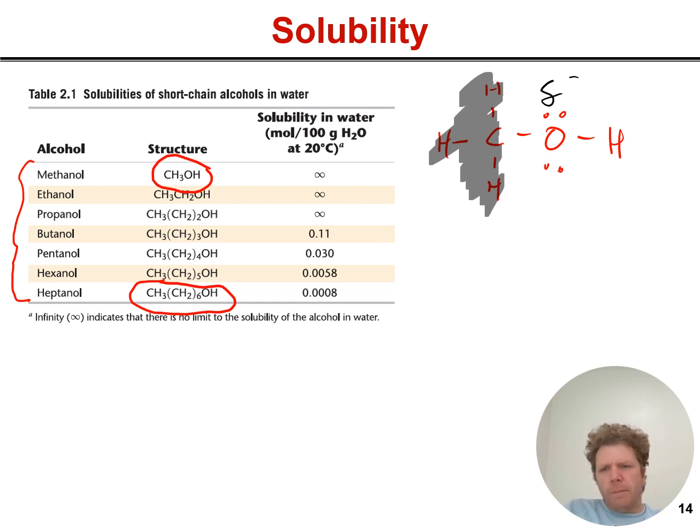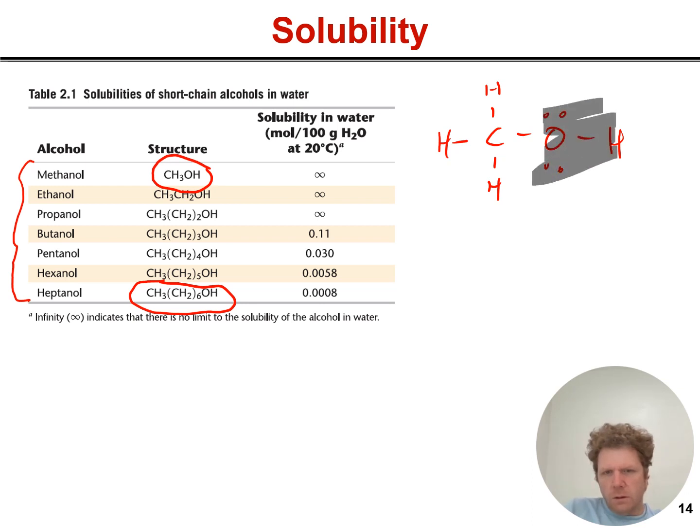Now, if we compare that to, let's go ahead and do some erasing. And now let's switch it. Let's go with this. If we look at this side of my molecule, well, carbon to hydrogen, not a polar bond. Do we have any lone pairs of electrons in that carbon or hydrogen?